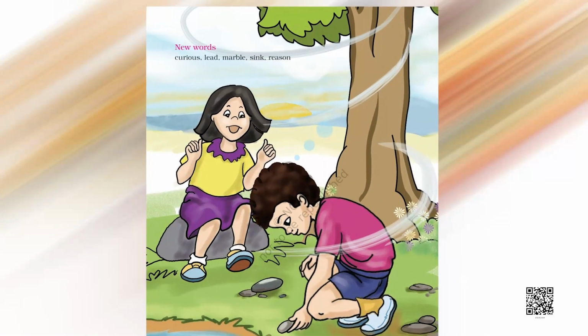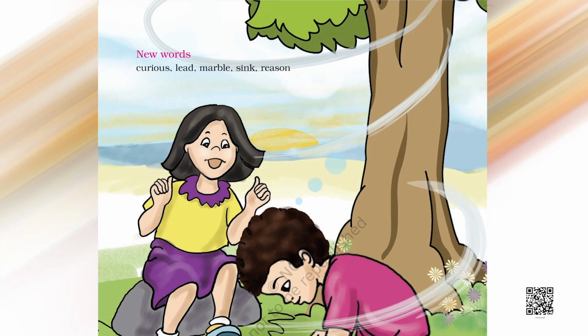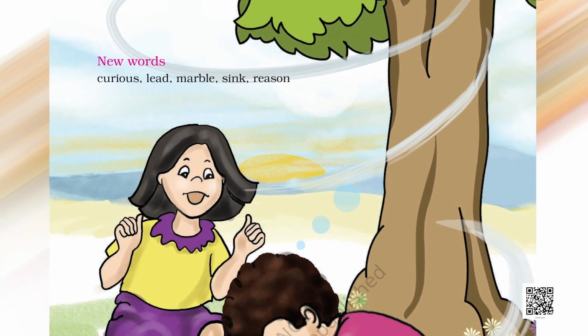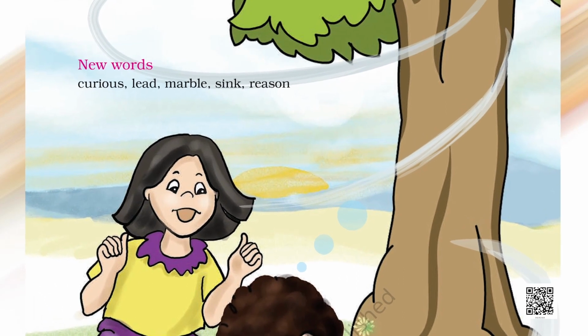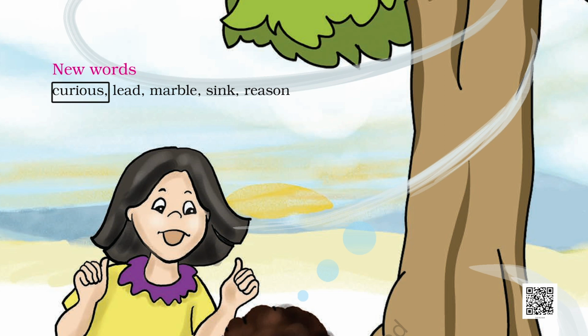Now, look at the new words on top of the page. We must read these words. I'll read each of them and you repeat them after me. Let us start. Curious, lead, marble, sink, reason.